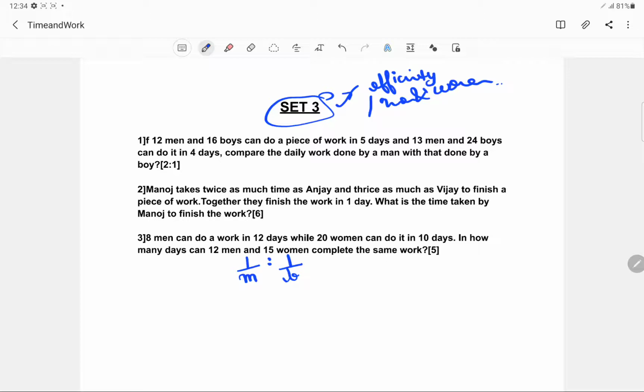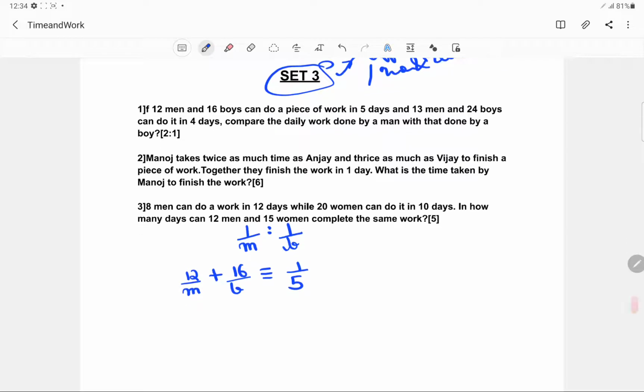If 12 men and 16 boys can do a piece of work in this, so 1 day work for 12 men would be 12 upon m. Next, 1 day work for 16 boys would be 16 by b. They are doing that piece of work in 5 days. It is known. So their 1 day work could also be written as 1 by 5.